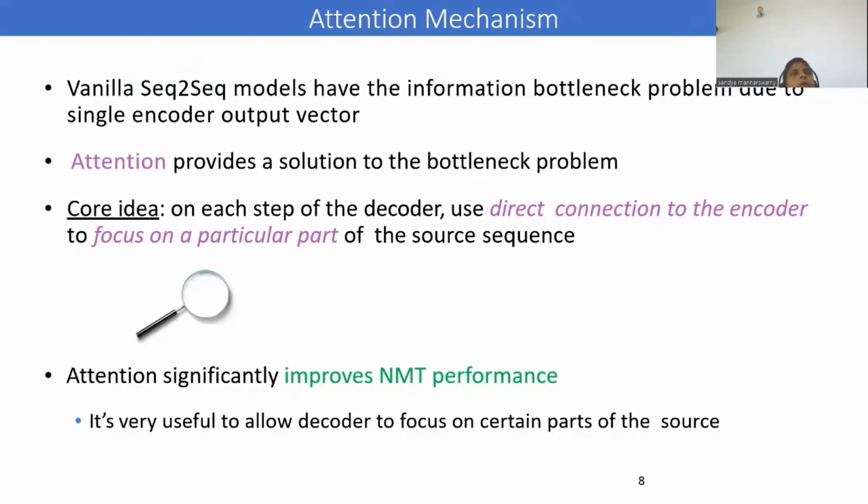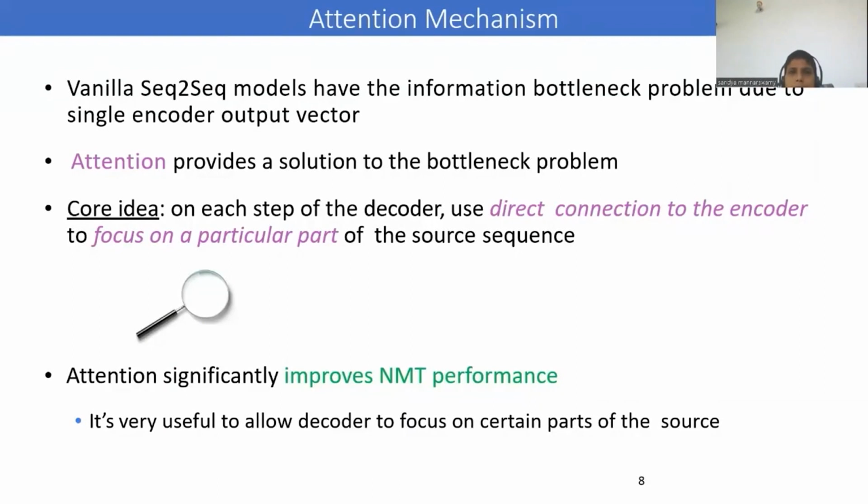We take the output from every stage of the encoder and create a weighted combination of these outputs to create a context vector. This context vector is then fed to the decoder, and at each step we use the attention weights to modulate what parts of the input sentence the decoder will look at as it generates the output symbol. And the attention weights are learned as part of training the sequence-to-sequence model.